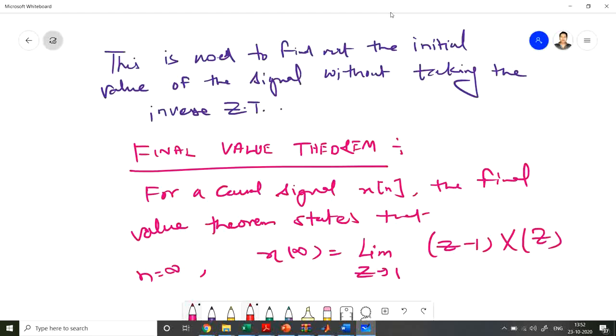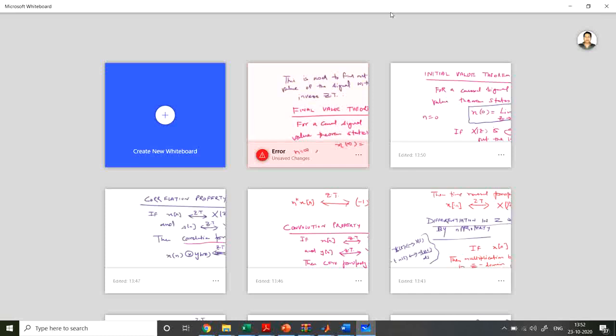This property is called the final value theorem. It is used to find the final value of the signal without taking the inverse Z transform.